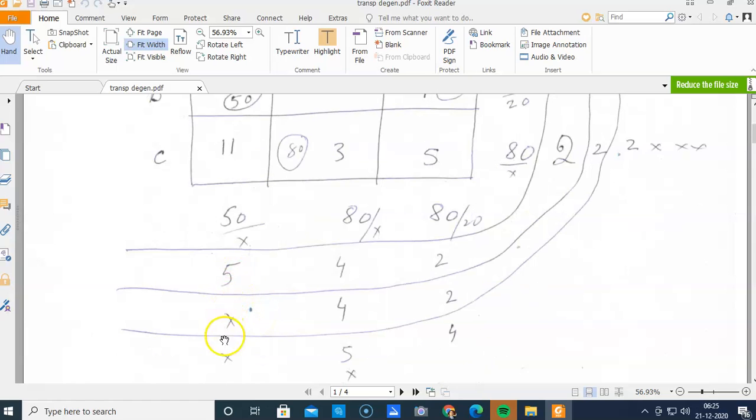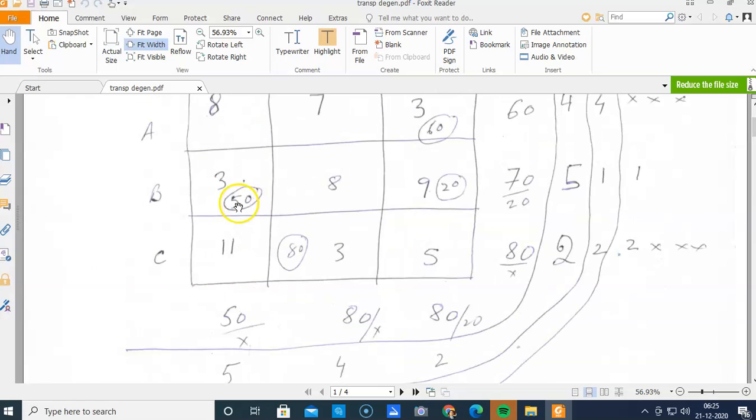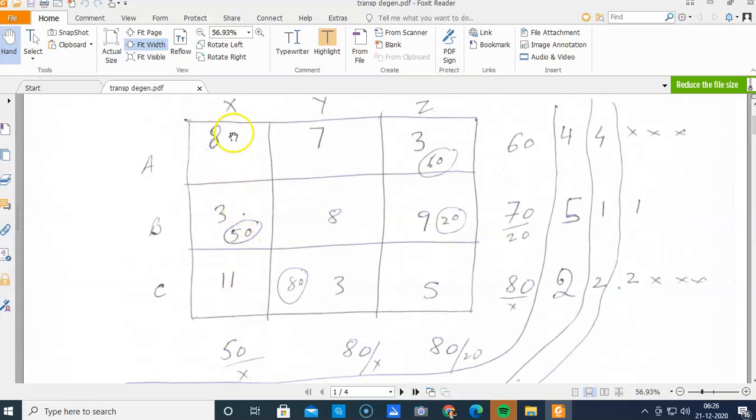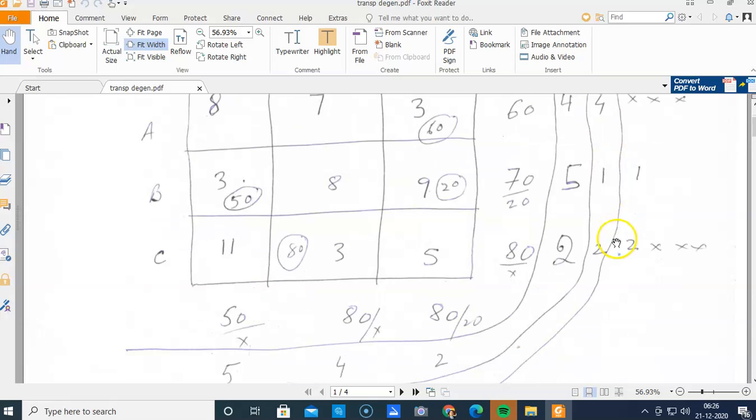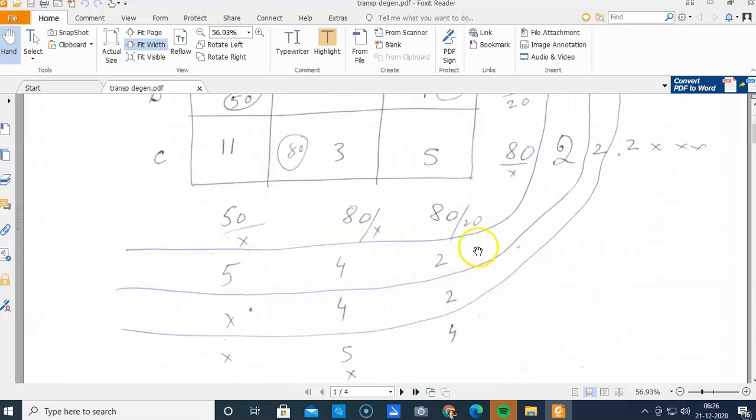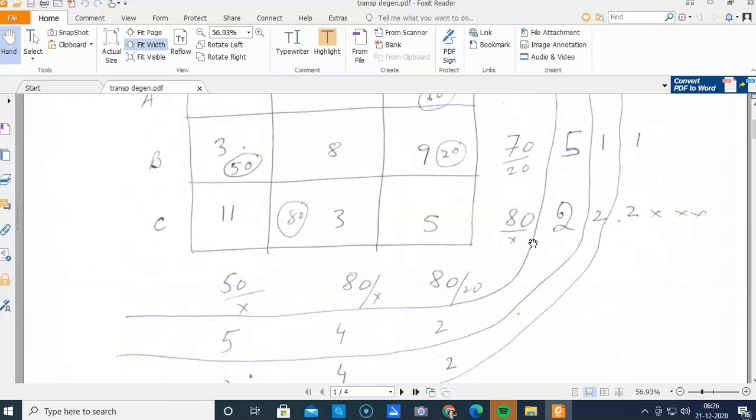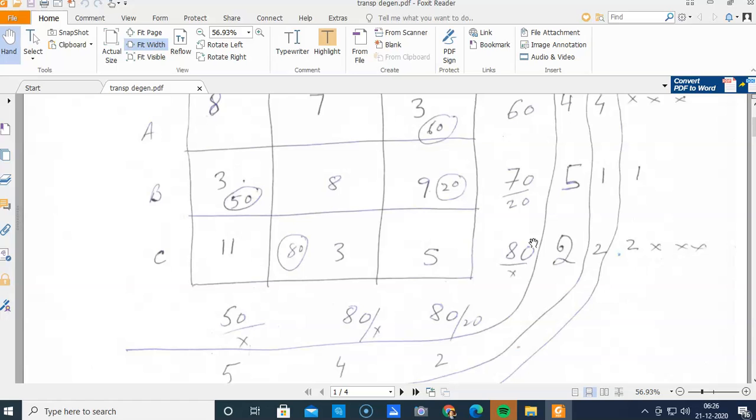So we will not consider this column for further computation of penalties. Then we are left only with two columns, and again we do the same procedure. We compute the differences, select the higher difference, go to that particular row or column, and do the allocation.